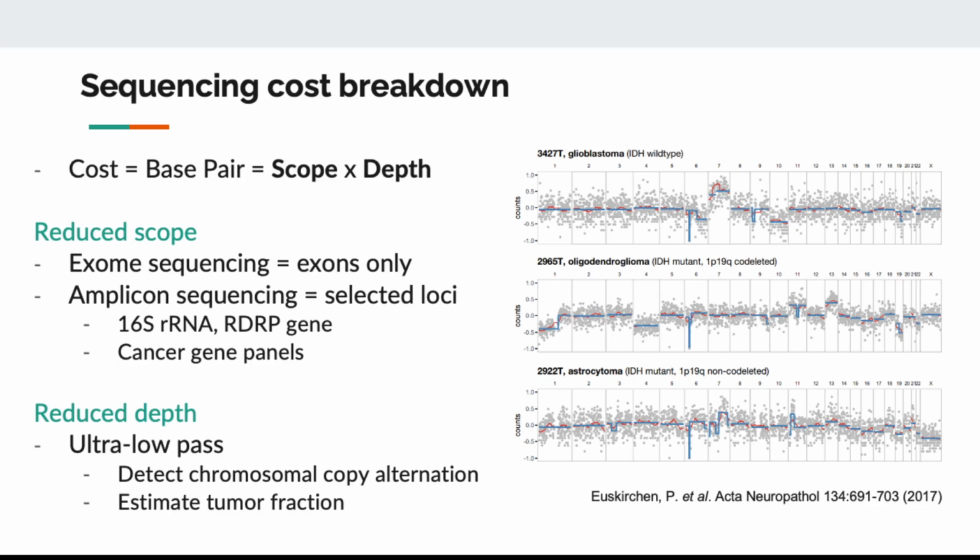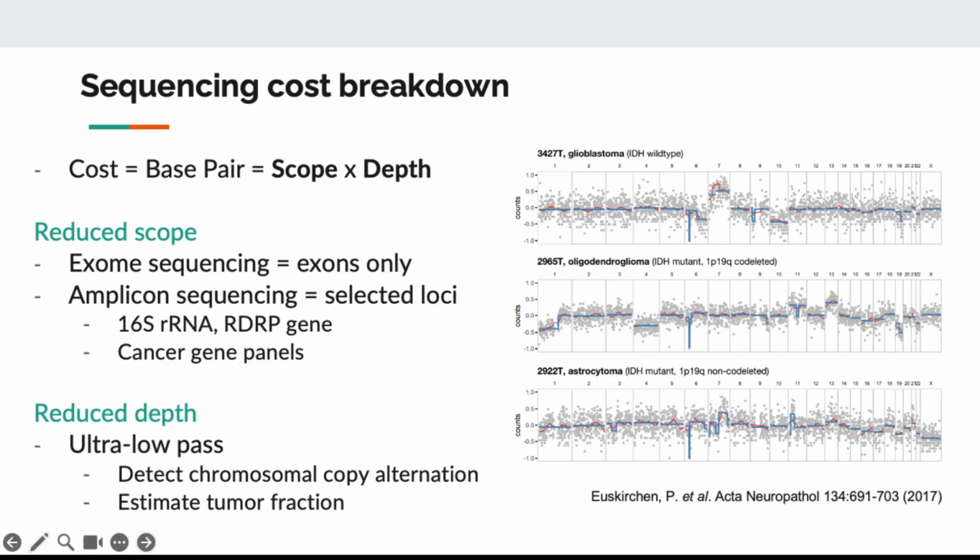If you are interested in immunology or immune cells, you can focus on these 100 genes. If you want to study breast cancer, these are the 100 genes that you can sequence. That saves you cost as well, because you don't need to sequence the whole thing.